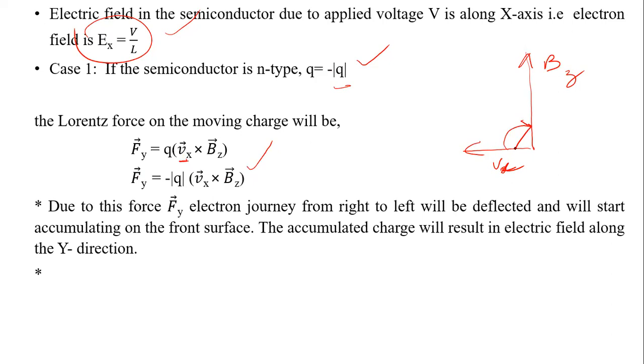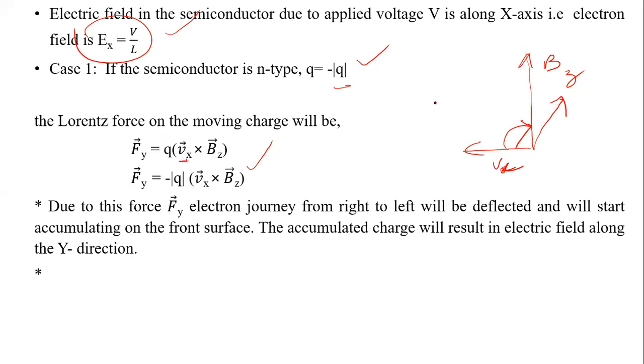Like I said, use your right hand thumb rule: if you use all your fingers as pointing the direction of rotation, your thumb gives the direction of the resultant. So the product of these two vectors, Vx cross Bz, will result in a new vector along the direction of y.